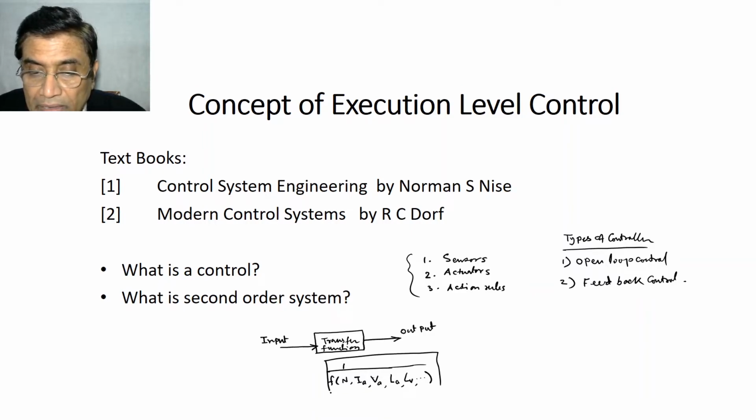You input, say, some armature current, and here you get rotation, RPM.